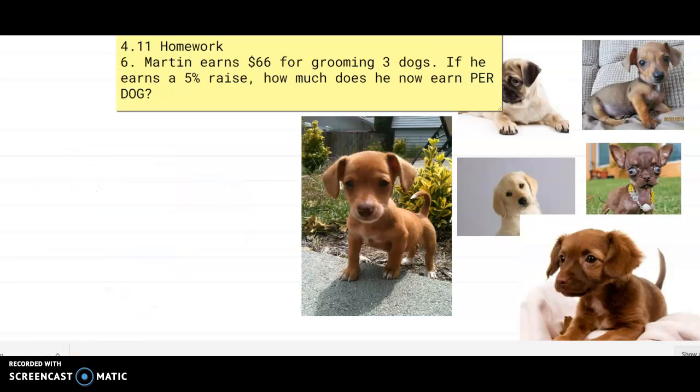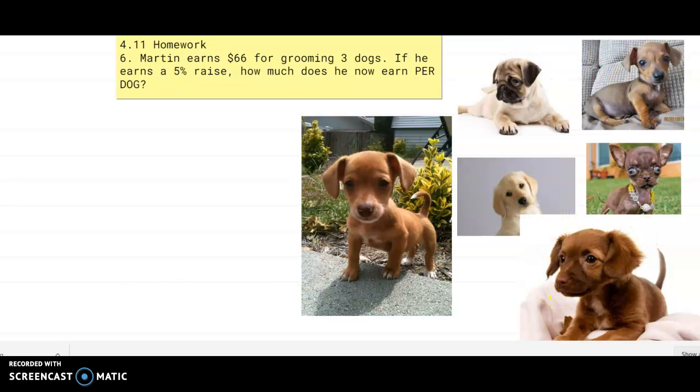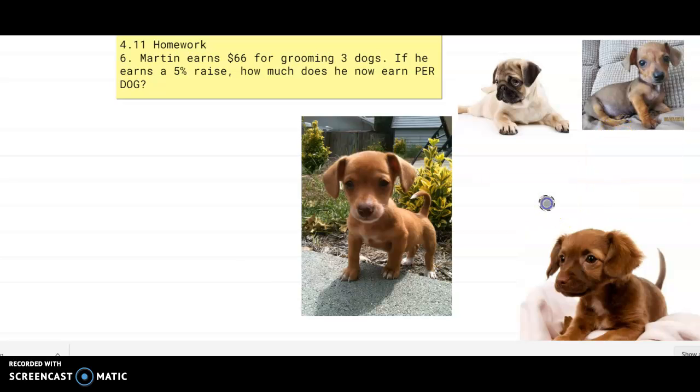Okay, now he gets paid $66 for grooming 3 dogs. If he earns a 5% raise, how much does he earn per dog? So let's see. He's going to groom this cute little guy, and who can resist this guy? So he's not going to be grooming this guy, or this guy.